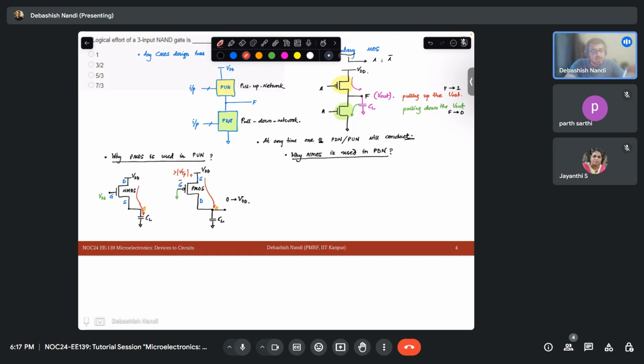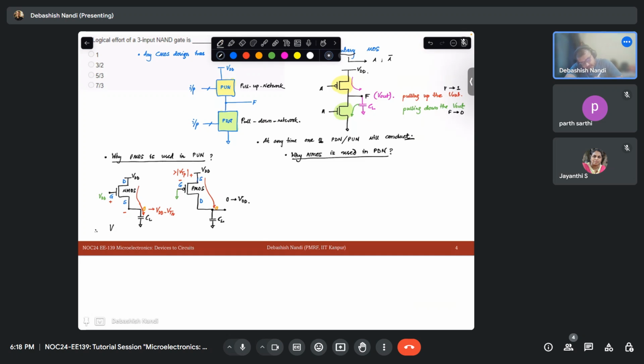But in case of NMOS, what is happening? Note that the important voltage in this case is this one, gate to source. My gate to source voltage should be greater than the threshold voltage for the NMOS to be on. That means as soon as my CL is charged up to VDD minus VTN, beyond that my transistor will be off. Do you see?